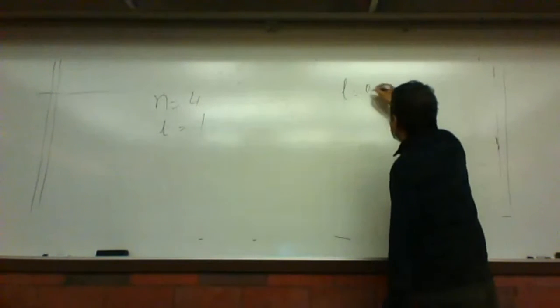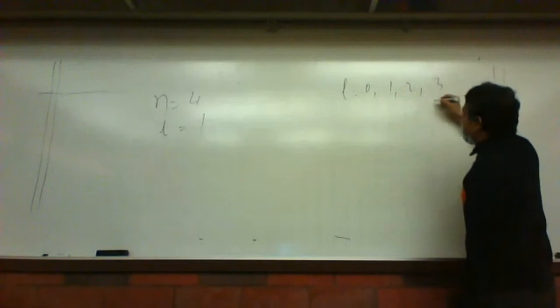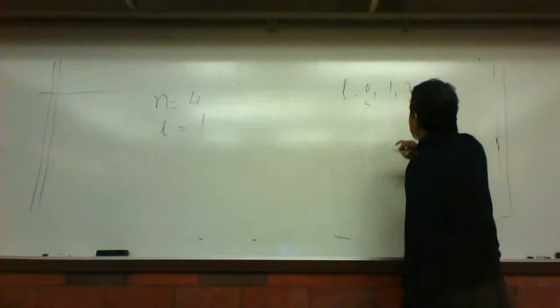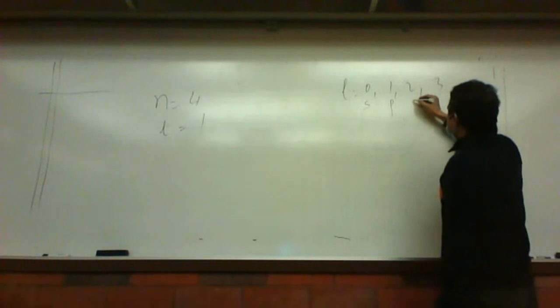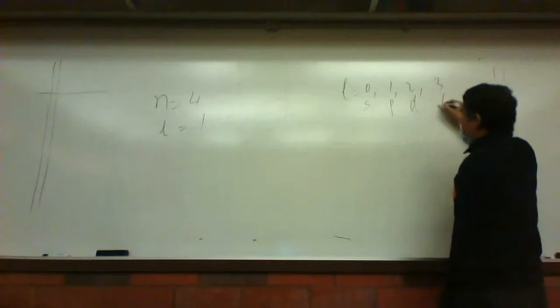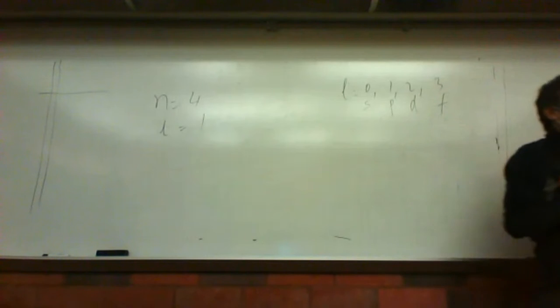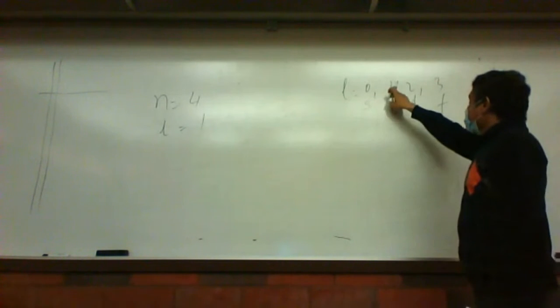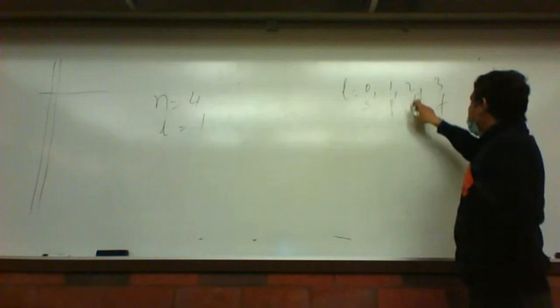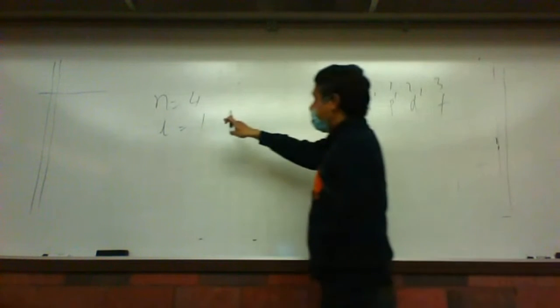For L equals 0, 1, 2, 3, we give the names S, P, D, and F. So the azimuthal quantum number 0 is named S, 1 is P, 2 is D, 3 is F.